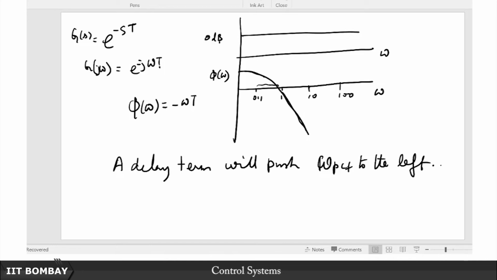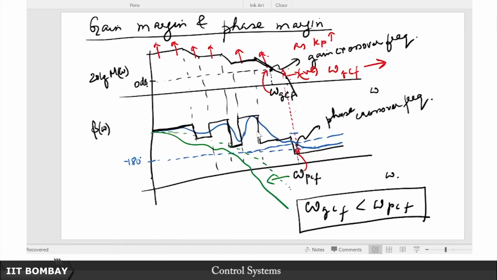If we have sufficient phase margin, then just a small delay will probably not throw our system off. In the sense, it will not make our system closed loop unstable. That is why this phase margin, which is basically the phase at the gain crossover frequency, is important.